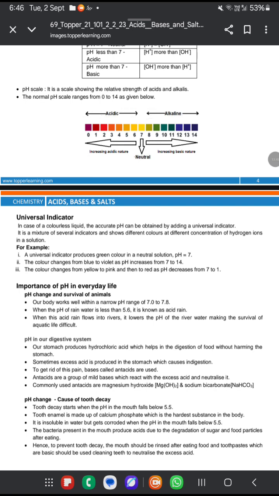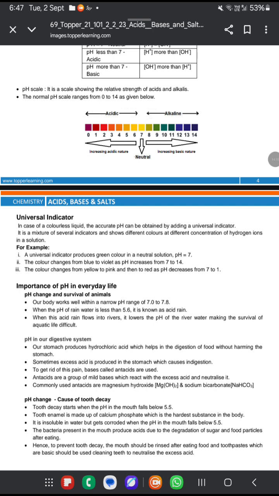When acid rain flows into rivers, it lowers the pH of the river water, making the survival of aquatic life difficult.